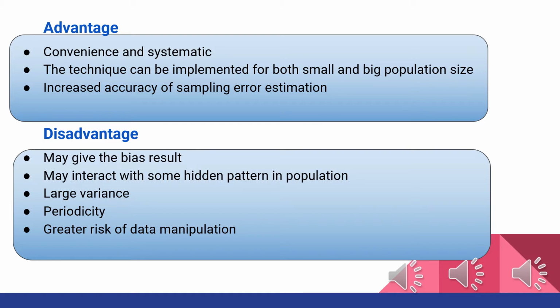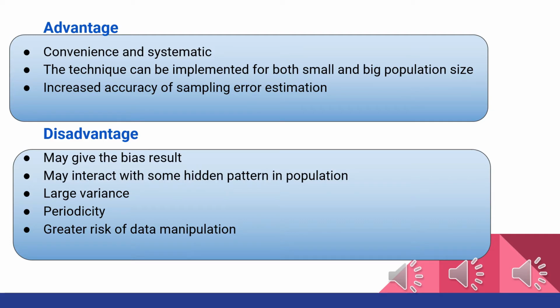So, the disadvantage of systematic sampling is that it may give biased results and may interact with some hidden pattern in the population. If a pattern in the population exists and it coincides with the interval set by the researcher, the randomness of the sampling technique will be compromised. The next disadvantage is large variance. Systematic sampling will give us large variance when we connect.